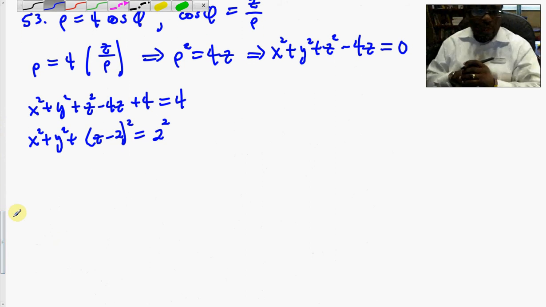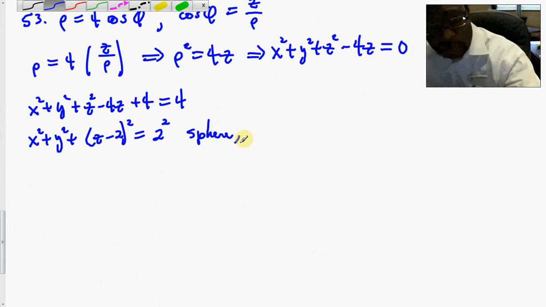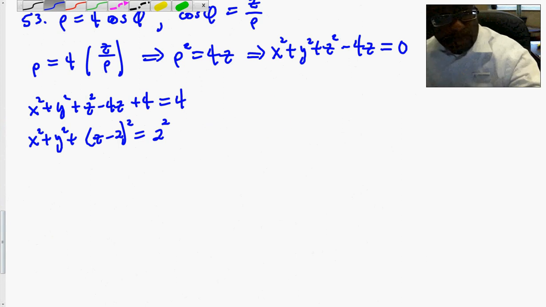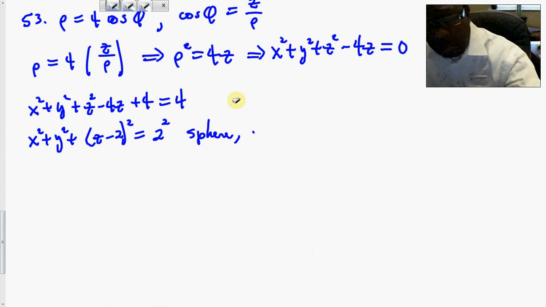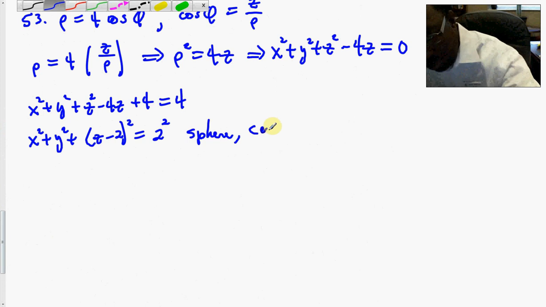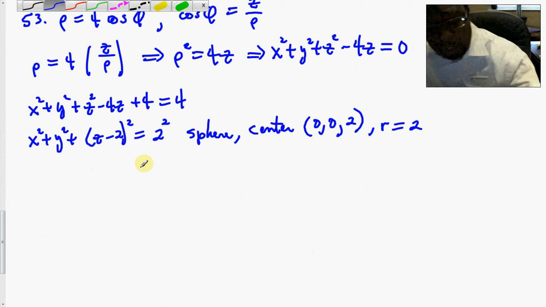So this gives us a sphere. The center is at 0, 0, 2, and the radius is 2.